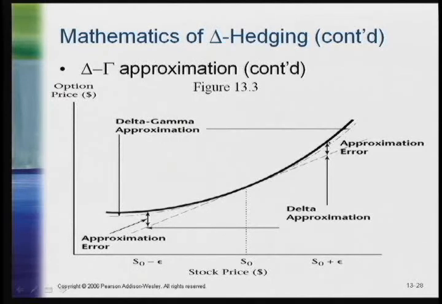The approximation error is here. And the gamma approximation lifts from the tangent line to basically a quadratic. Instead of using a tangent line, we use a tangent parabola. That's what the second order approximation gives us. The parabola picks up much of the curvature, or the convexity, of this function.